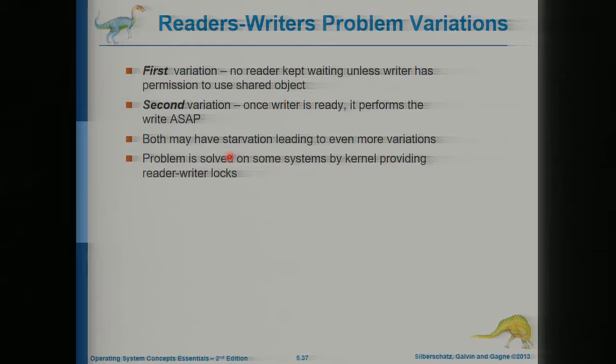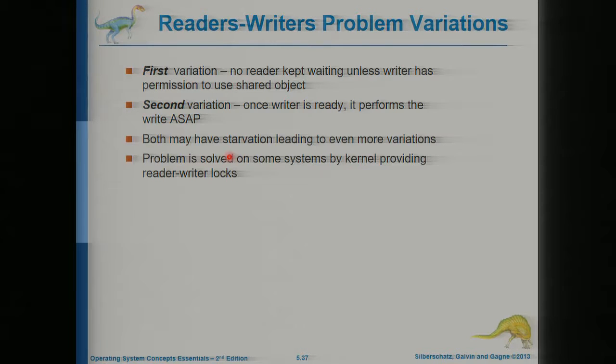Supposing now there are some readers who are already reading, a writer comes and says, I want to write. It is not allowed into the critical section, because there are some readers reading the data set. The writer goes into wait mode. It calls a block statement and goes into the waiting list.